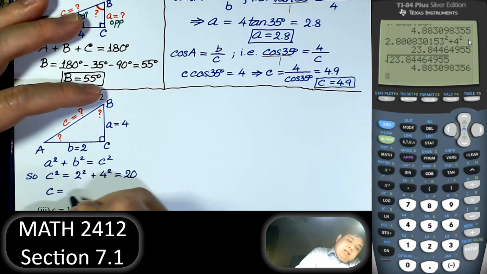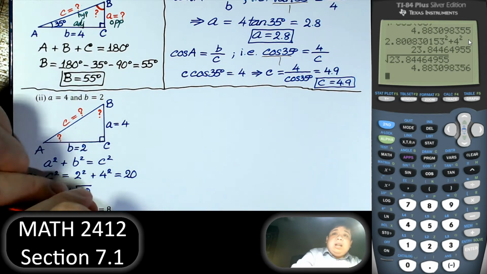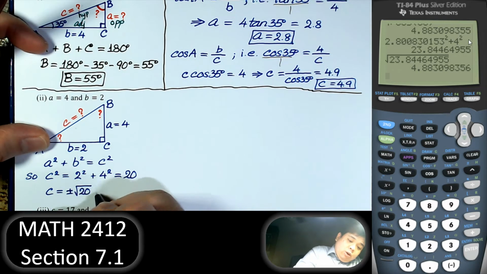So taking the square root on both sides, plus or minus square root of 20. But since we're talking about a triangle, a measurement cannot be negative. So in this case, we only have square root of 20.